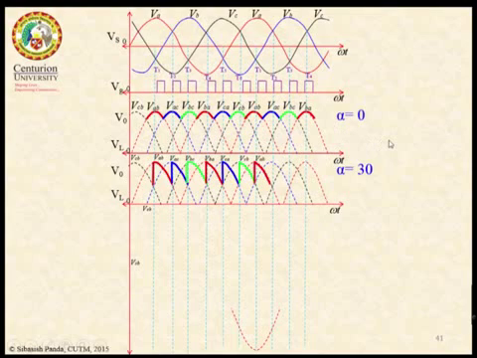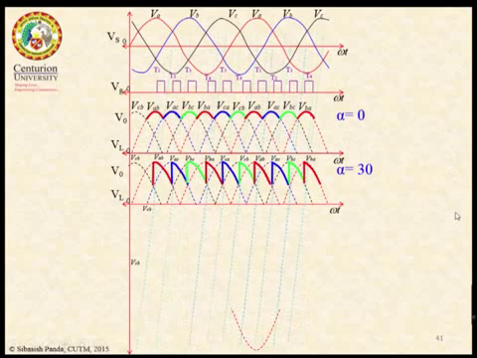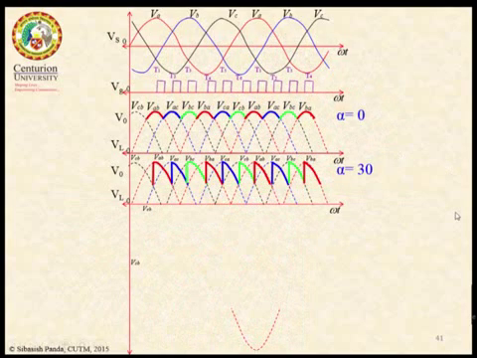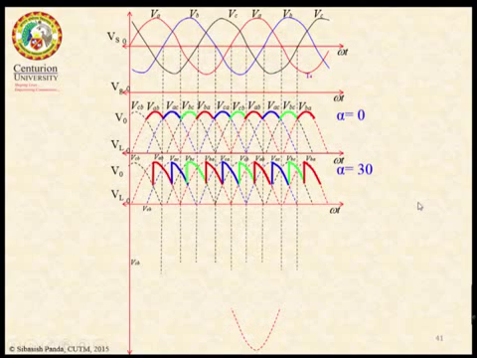Okay. So this is the waveform for alpha equal to 30 degree. Okay. Next we will see for different values of alpha how the waveform will be.